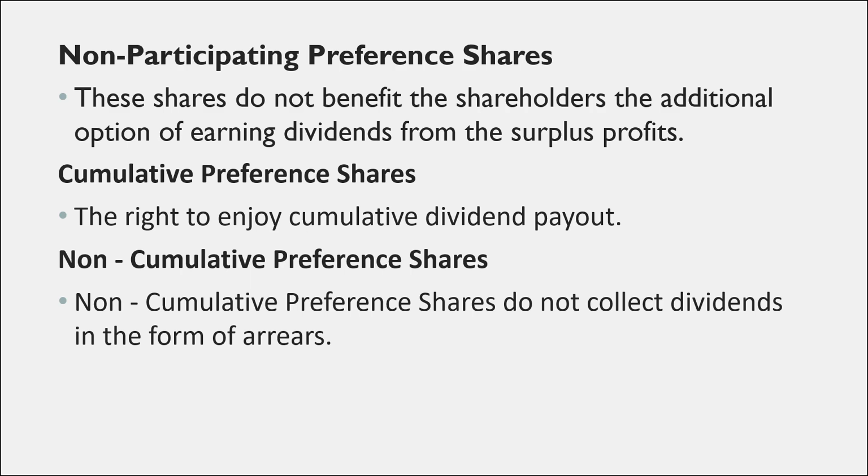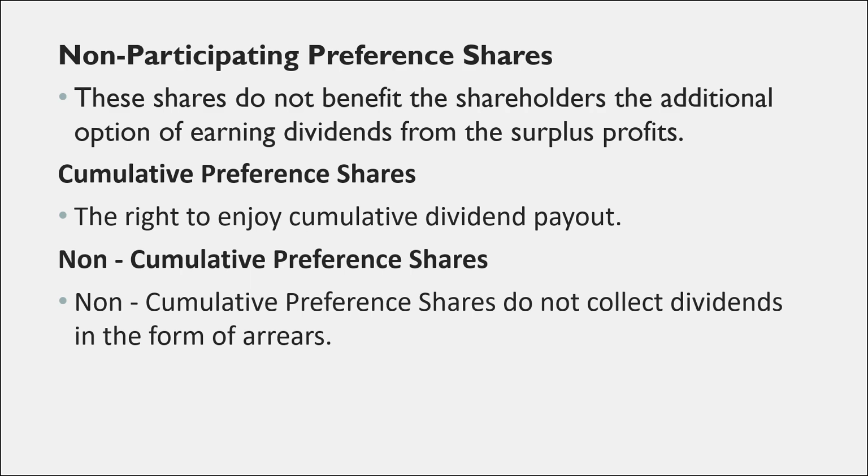Next is cumulative preference shares. These shareholders have a right to enjoy cumulative dividend payout, which means if a company is not able to earn profit during a particular year, it cannot pay the dividend.